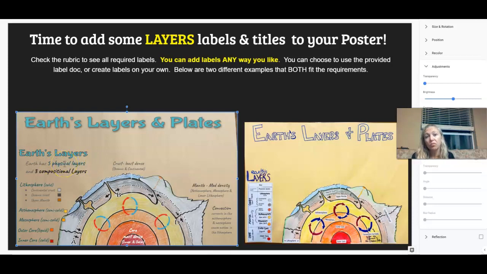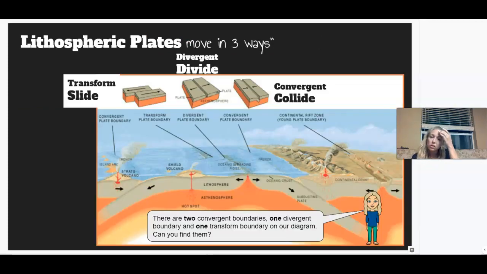There is some information on the rubric that's asking you to be specific. There are some labels that you're adding, so that's the little extra information for each label. So look at that, get all of your earth layers, labels, and your subtitle completed. Once you do that, then you can move forward to the plate boundaries. This is a nice little review of what we learned in our lab, the 3 different plate boundaries.